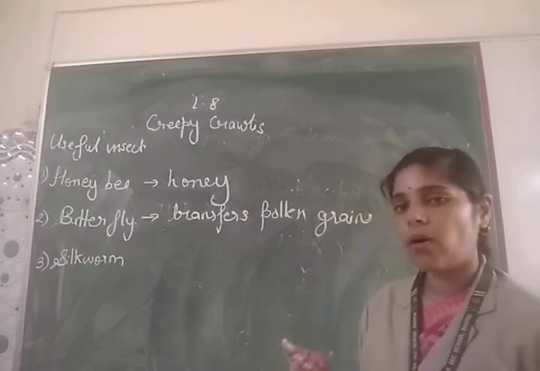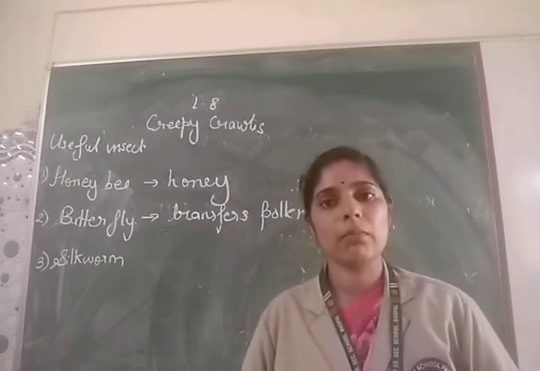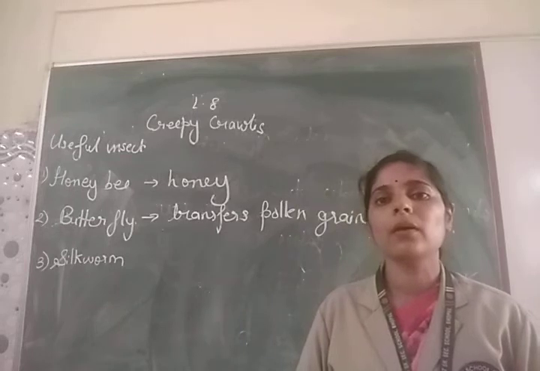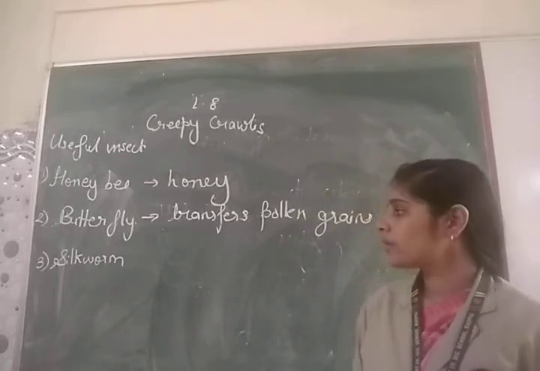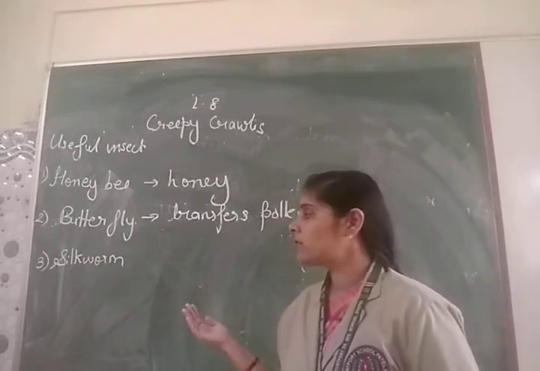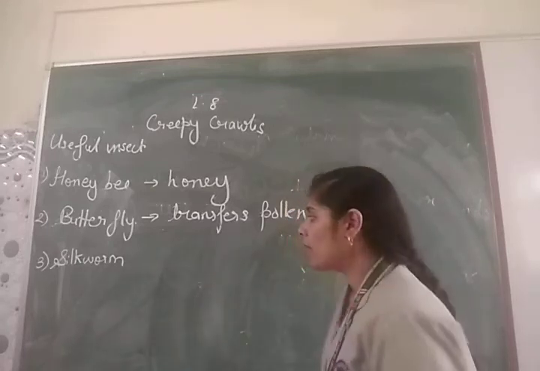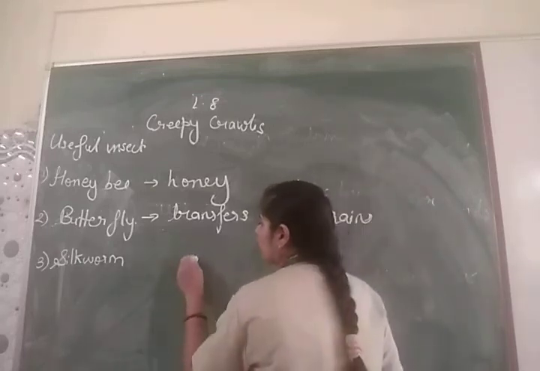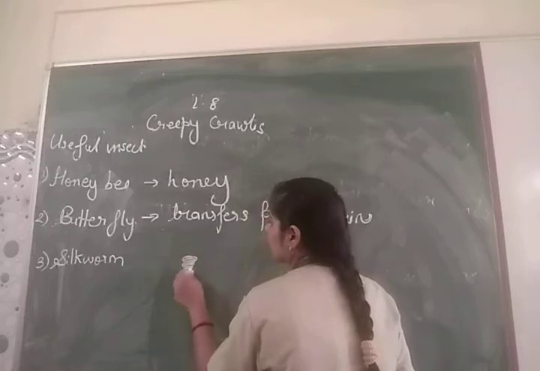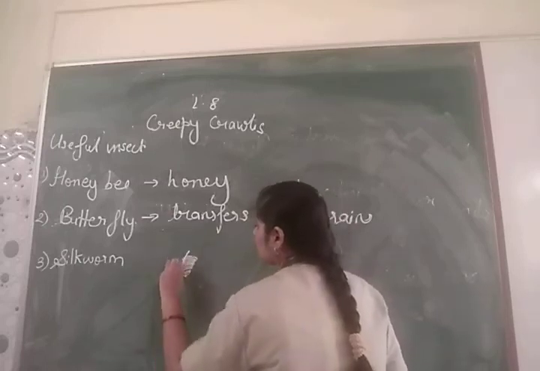The silkworm first feeds on the mulberry leaves. The silkworm is on the mulberry plant there only. After some time, it prepares a cocoon.